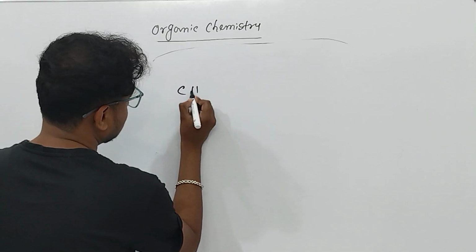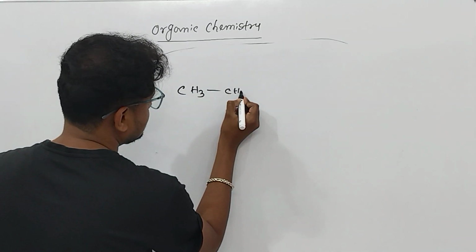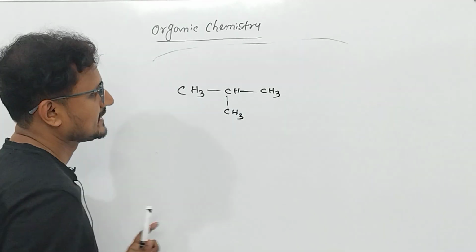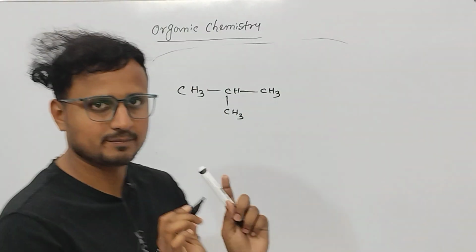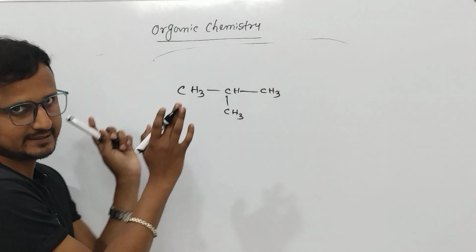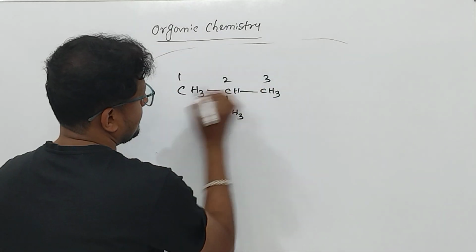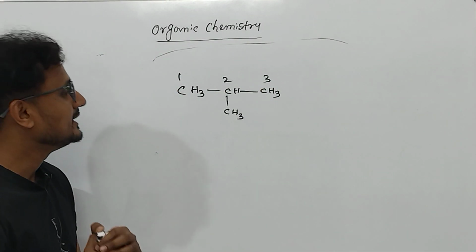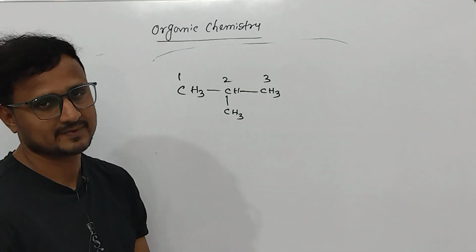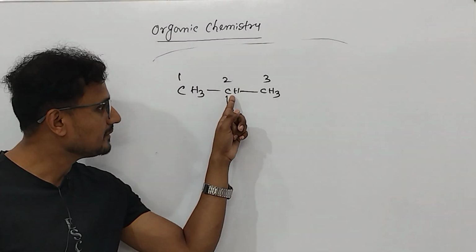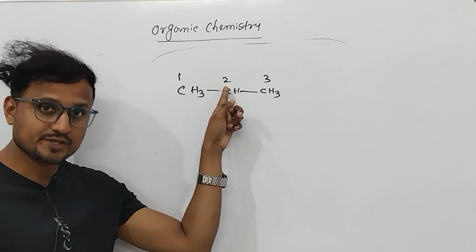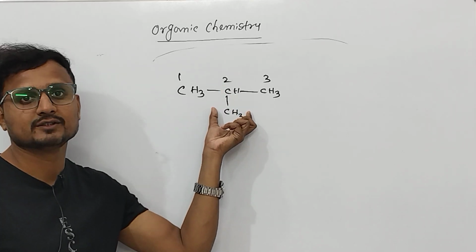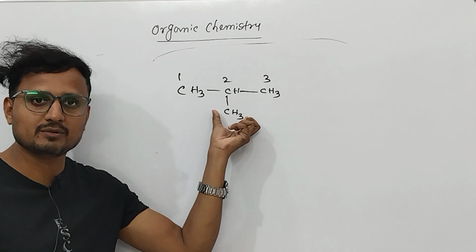Suppose you're writing CH3 CH CH3, and in the branch we have a CH3. Now the rule is that you have to number the carbons from any one of the ends, 1 to 3. Second, you have to mention the number of the carbon which has the prefix or functional group or double bond or triple bond.